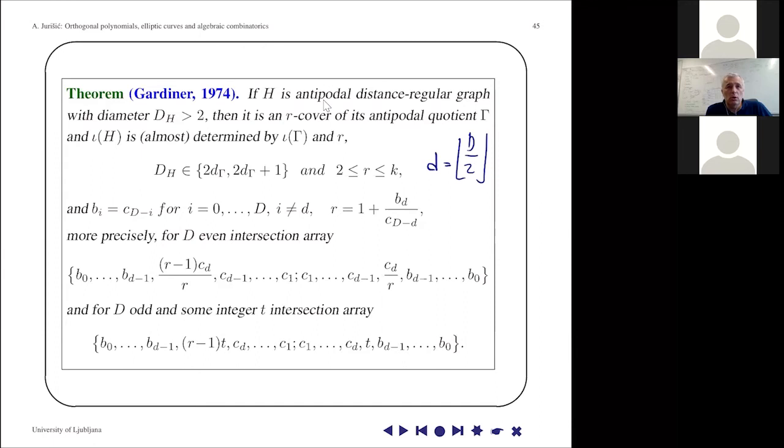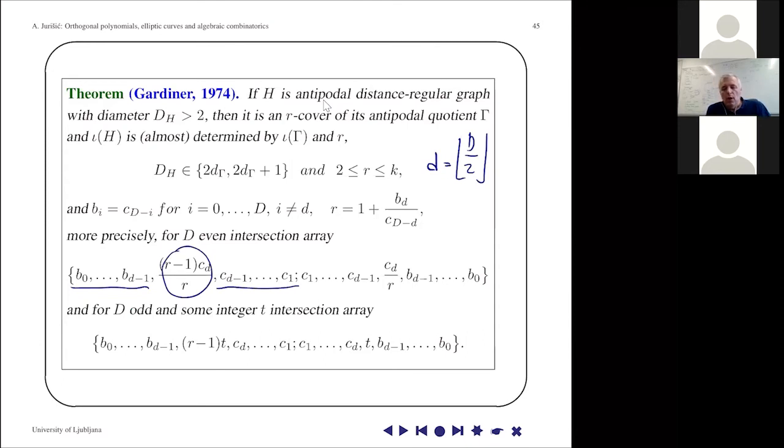And the intersection arrays look very similar to the original, like just the B's and C's glued together the other way around, and maybe something in the middle different.